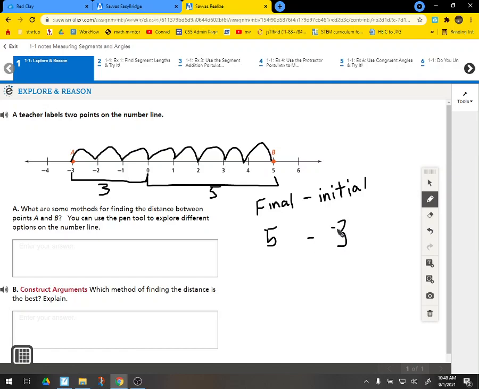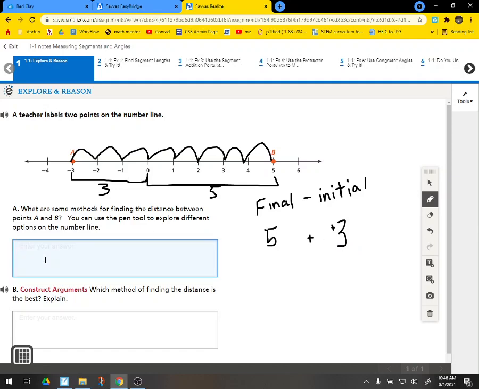And what happens when we subtract a negative? We're adding a positive, right? Subtraction is just the same as changing the sign of the subtraction and the thing after it. So 5 plus 3 is 8. So one way you get 8, another way you get 8, a third way you get 8, and I'm curious if you got a different way. And if you got a different way, I'd love to hear about it.